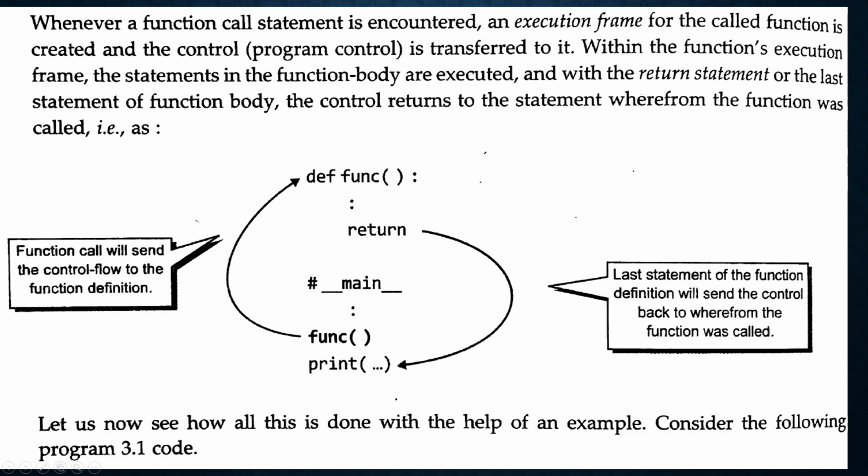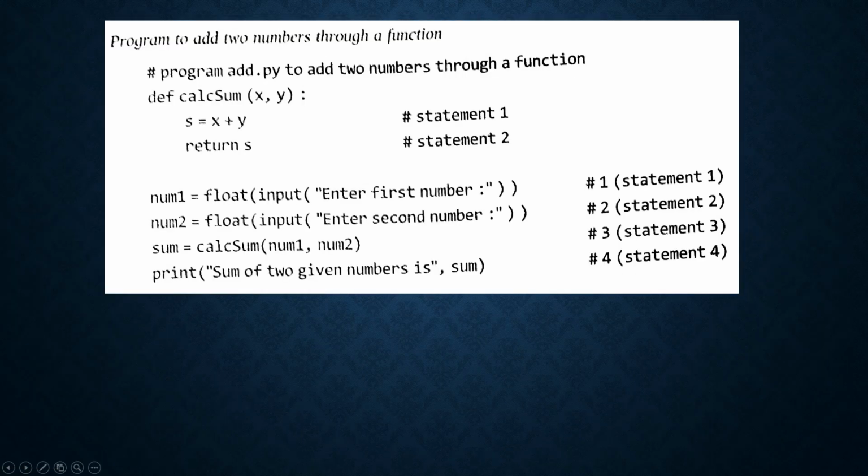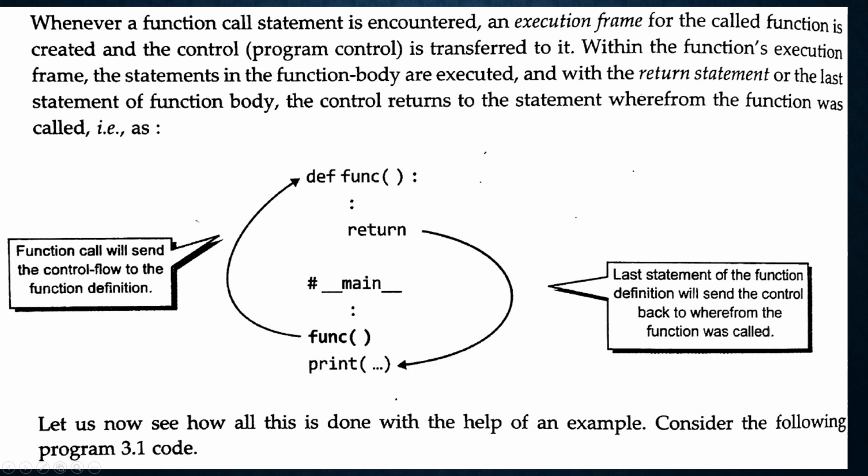So here the function call is there. It will execute the main function and some set of instructions, and when it executes the func call, control transfers from this point to the def function. It executes all the statements and sends the result back to the calling function.